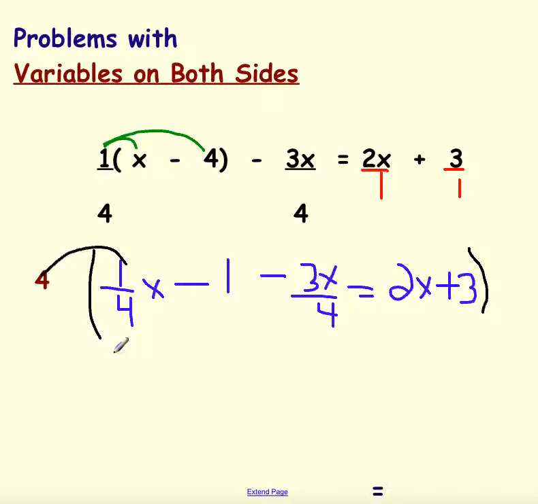I want to say that's 1. So I'm going to get an x. And then I'm going to go 4 times minus 1. That's going to give me a minus 4. And then I am going to do 4 times the negative 3.